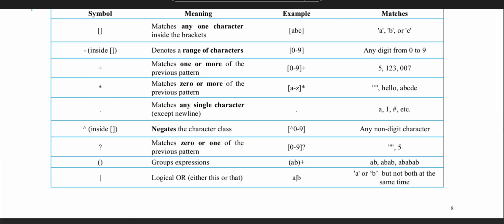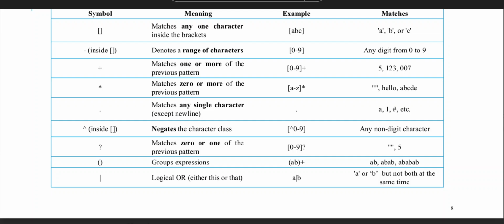If I use AB with star, it will match empty or AB or ABAB and so on. So parentheses are really just for grouping expressions together so that we can repeat them or apply rules to them as a whole.